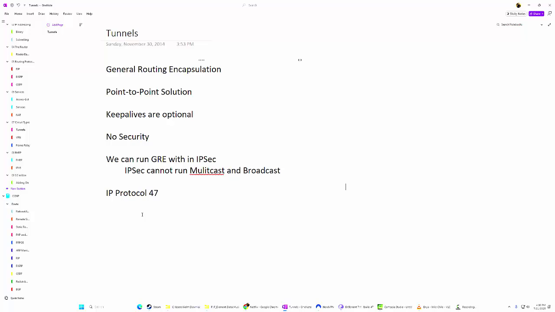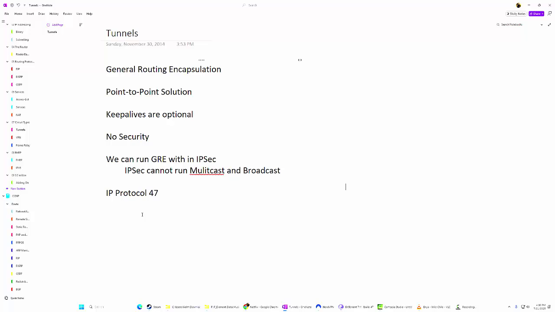Okay, you have keepalives. Keepalives are a way of keeping an interface up, and if you miss so many keepalives, it'll bring it down. But trust me, when your tunnel loses its foundation and collapses, the protocol of that tunnel interface is going to go down.